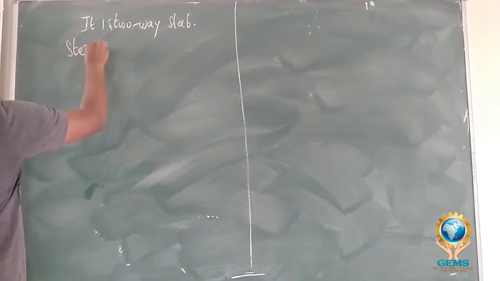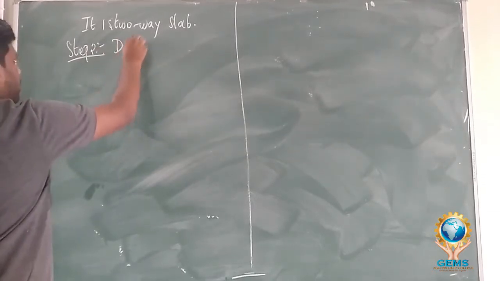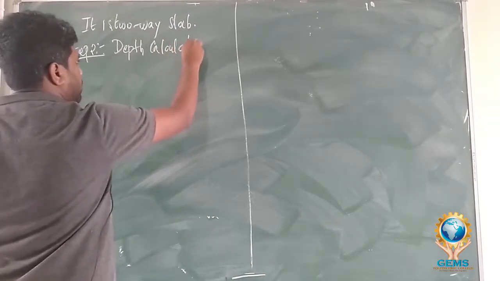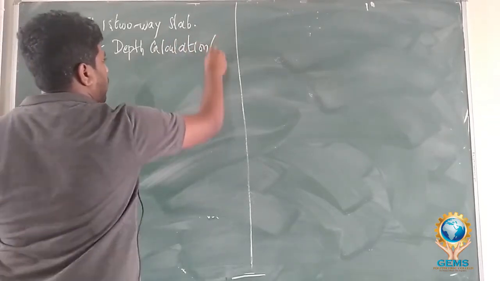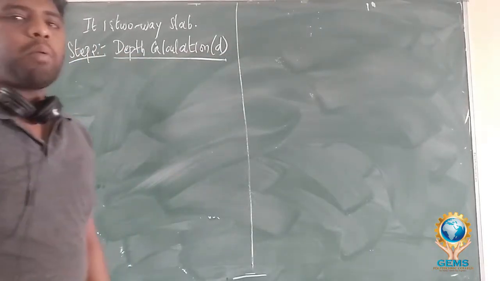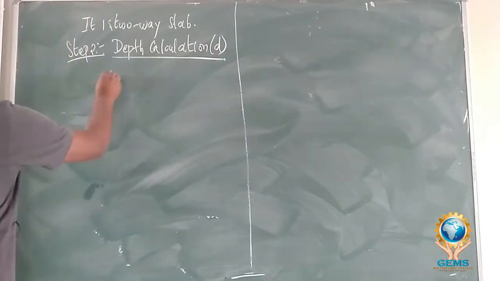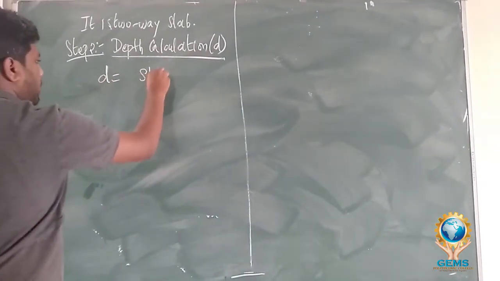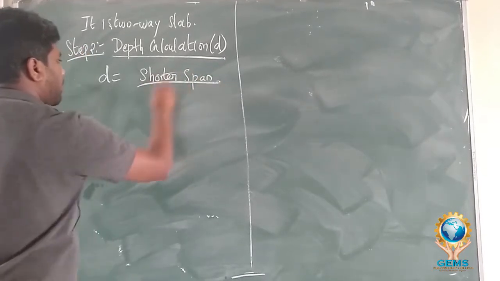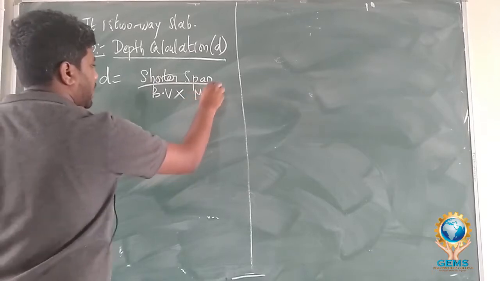Step number 2 is depth calculation, the calculation of effective depth. The formula is the same formula that you used for the one-way slab. What is the formula? d is equal to the shorter span divided by the basic value into the modification factor.